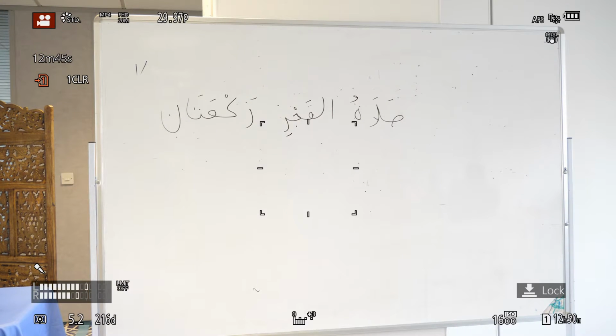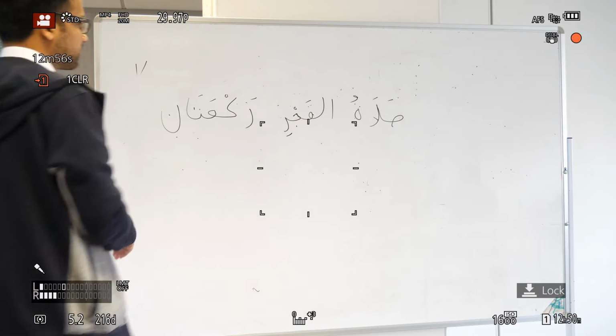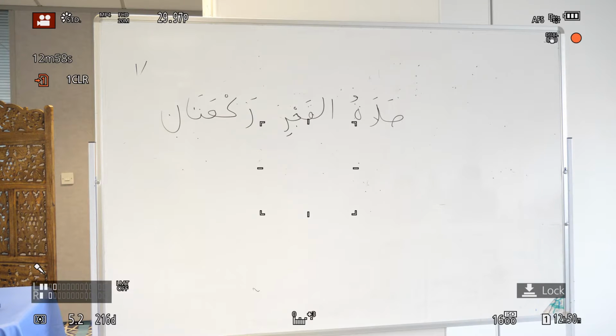Now if I was to say the Fajr prayer isn't two rak'ahs, but it is, how do you say that? So the Fajr prayer is two rak'ahs, two units. But if someone was to disagree and say it isn't two, how would they say it?